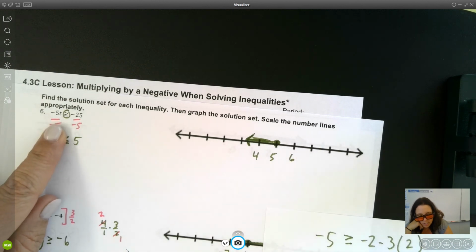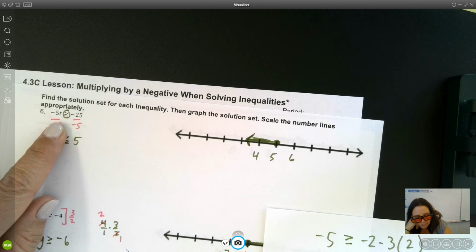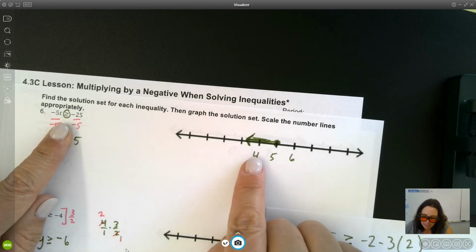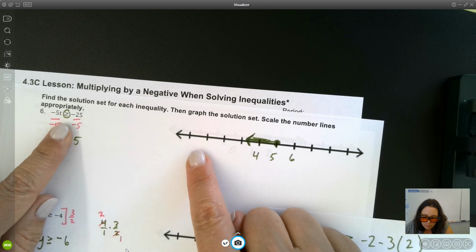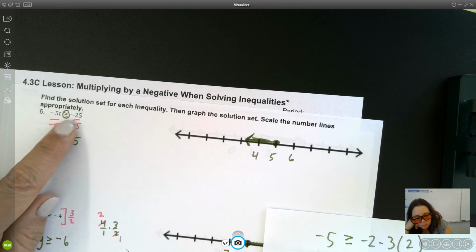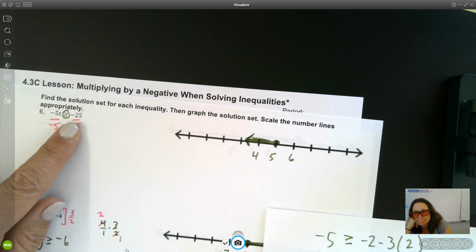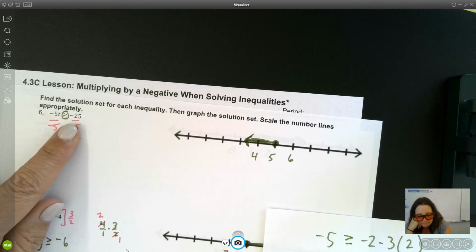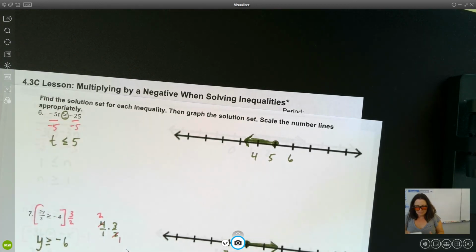If we put a 6 in there, we'd have negative 30 is greater than or equal to negative 25. No, it's not. Okay, but if we put like a, wouldn't 0 be down here somewhere? If we put a 0 in here, negative 5 times 0, 0 is bigger than or equal to negative 25. Zero is bigger than any negative number, isn't it? Okay. All right. Thanks, guys.